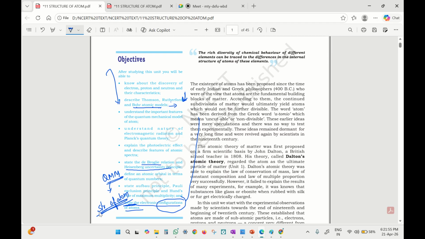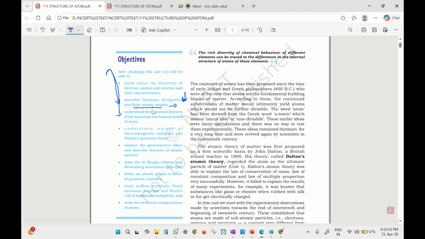So we are going to start with the electronic configuration. That is the last topic of the lesson. Clear? Once we know the atom in and out, it will become easier for us to understand the entire procedure. Are we clear what we are going to do?